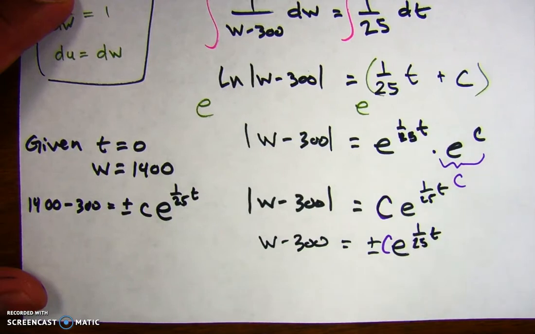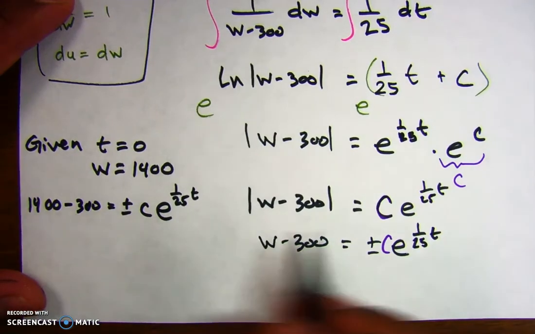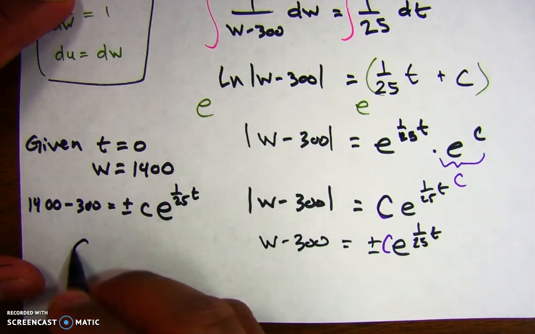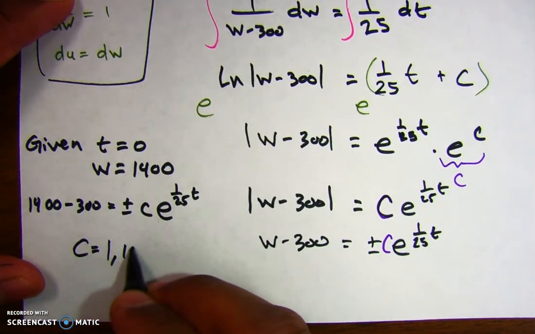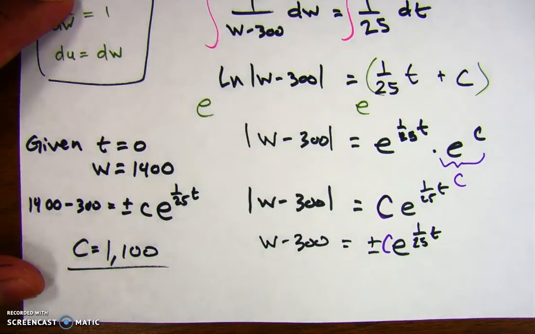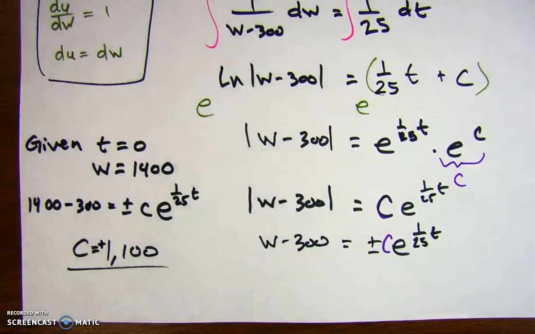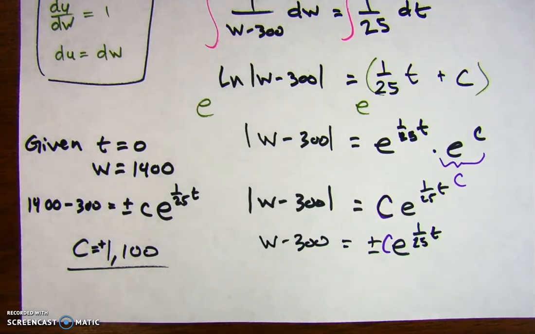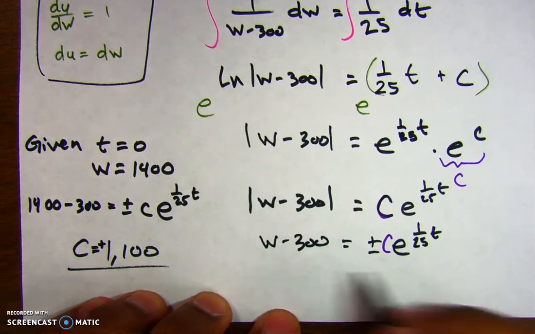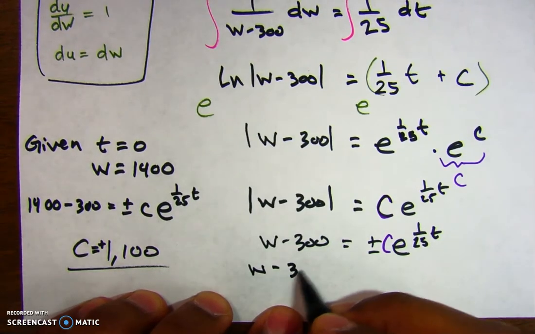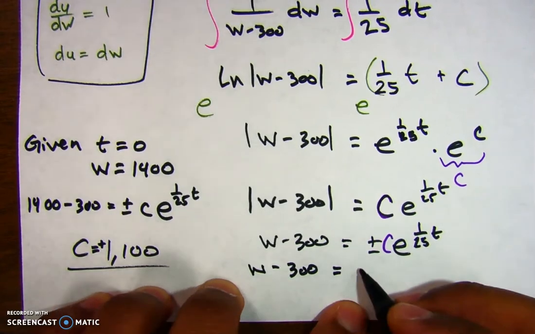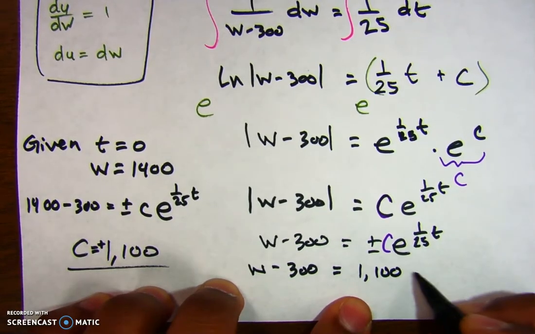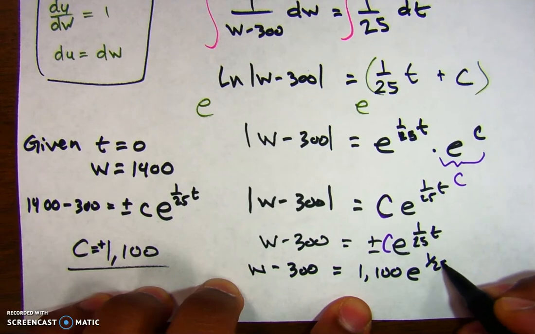Do the work and you should get that c is equal to 1,100. And it's positive. Let me just go ahead and rewrite this as W minus 300 is equal to 1,100 e to the 1 over 25 t.